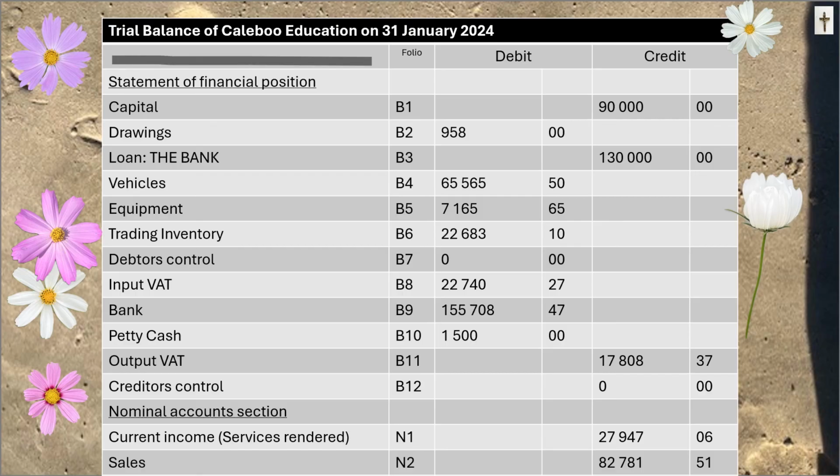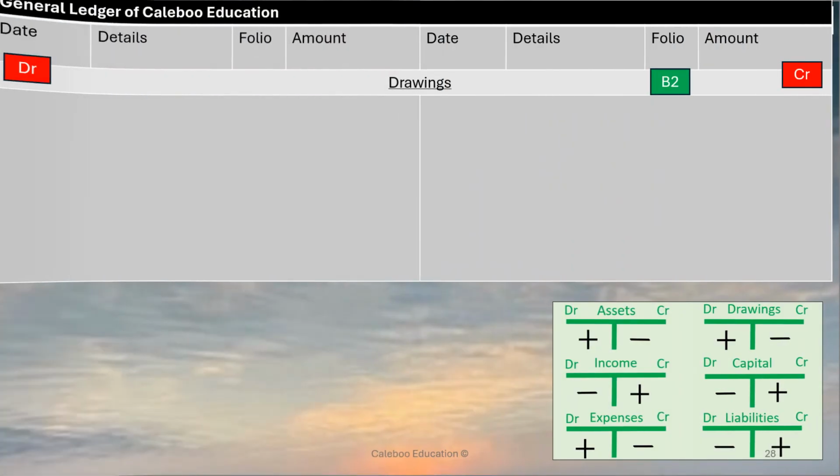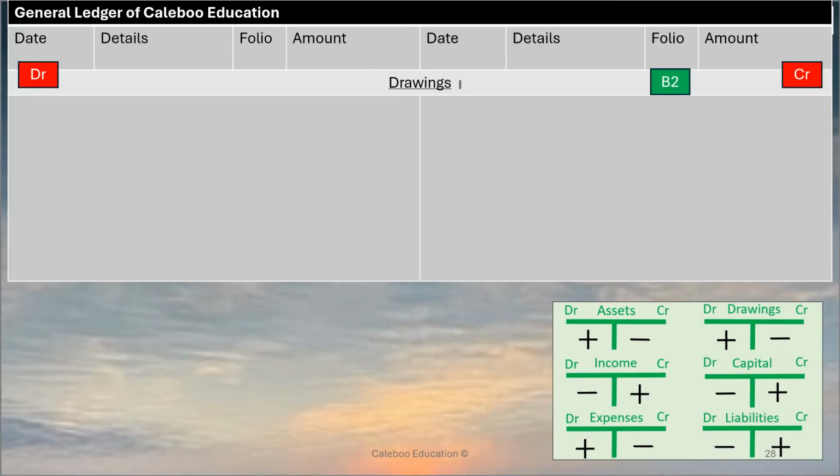So I'm just taking you back to the trial balance, 31st of January 2024. The next account is drawings. So what is the opening balance for drawings? There's the drawings account. It's the second balance sheet account in the general ledger. An increase in drawings, the account will get debited.